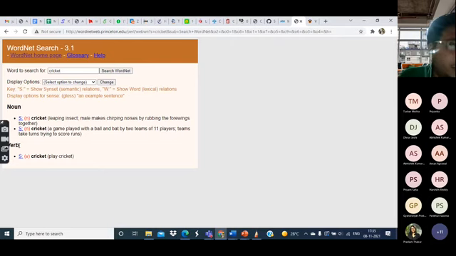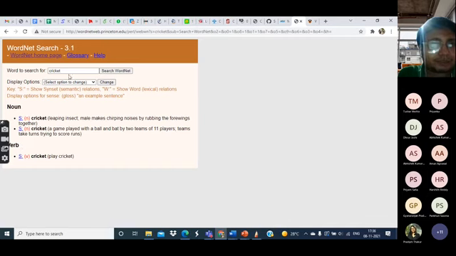And then the word cricket can also be used as a verb, although that may be quite unusual. But sometimes we say cricketing, which can be used as a verb or even as an adjective, right?